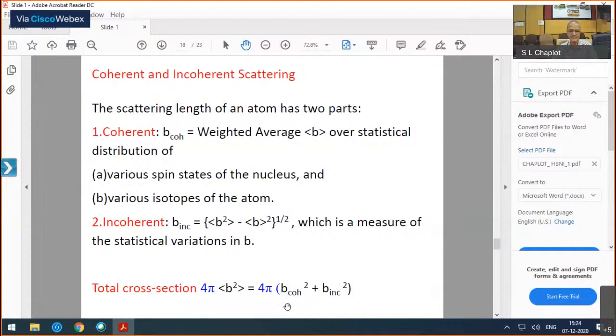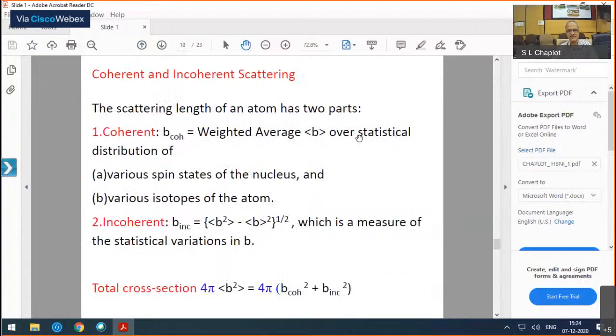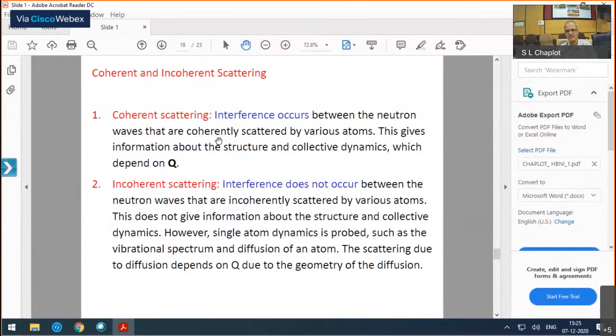Now, why do we talk like this? Clearly, what really happens is that the coherent scattering, that is the average value over this statistical distribution, is the same for all the atoms, or the kind of atoms, present in the solid at different lattice sites.